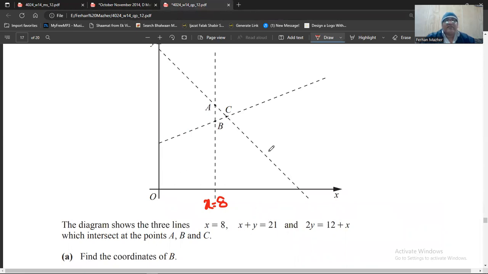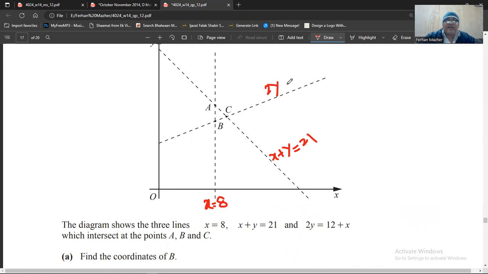So basically this is that line, the AC line. Then we have the line 2y equals 12 plus x. This is a line whose y-intercept is 12 and gradient is positive. So this is that line.